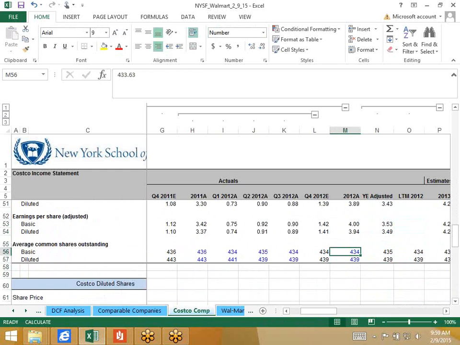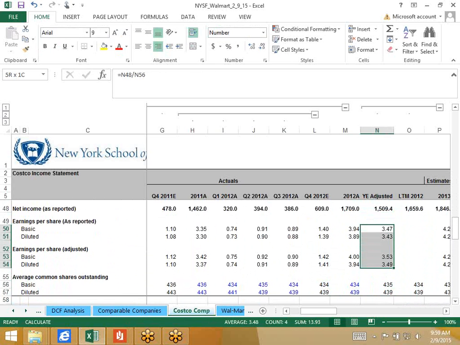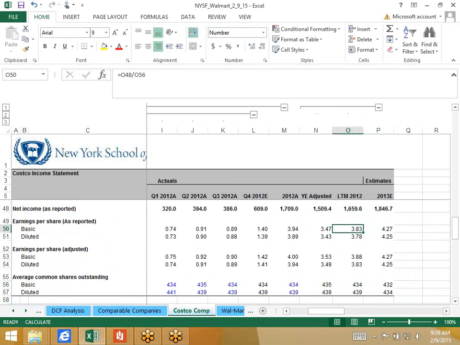It's within this Q4 period, which we linked in from 2012. That's what you would want. So we now have our underlying data, finally, that we can use to create our multiples.